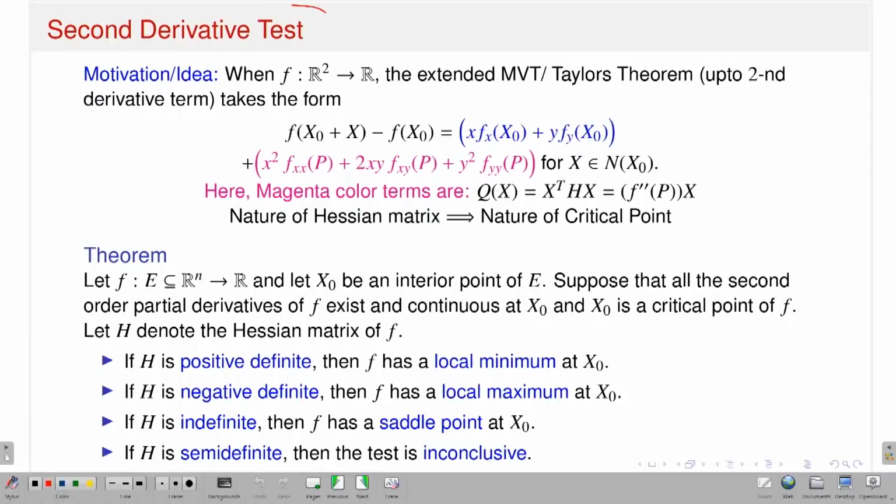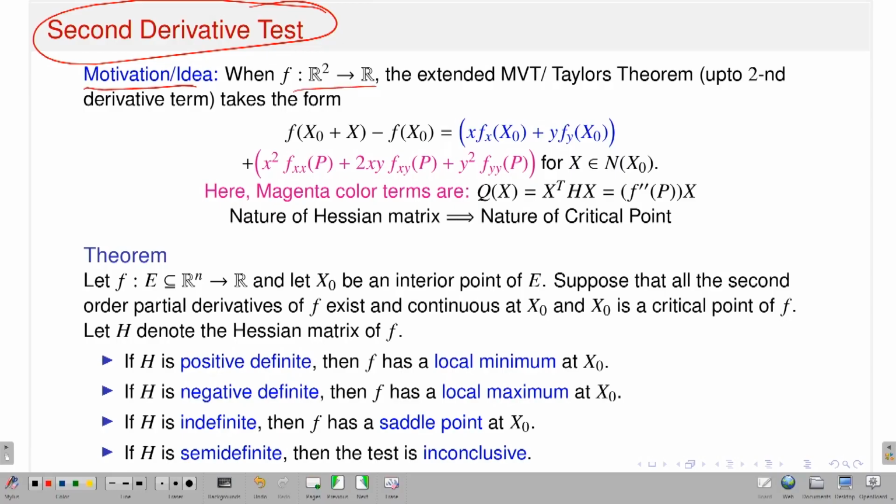With that, you will see what conditions are needed so that I can talk about when my function has a relative maximum, minimum or relative extremum. That is why I have written it as the second derivative test. If my function is twice differentiable, then the second derivative and the Hessian have a connection. So this is the motivation and idea.